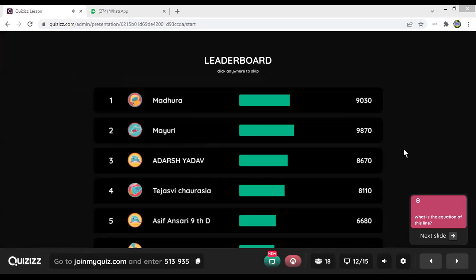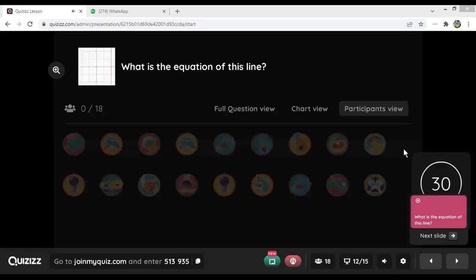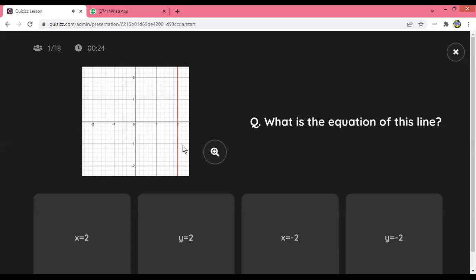Check the next question. What is the equation of this line? This line is passing through the x-axis. And what's the point? Okay, you have 10 seconds to answer.